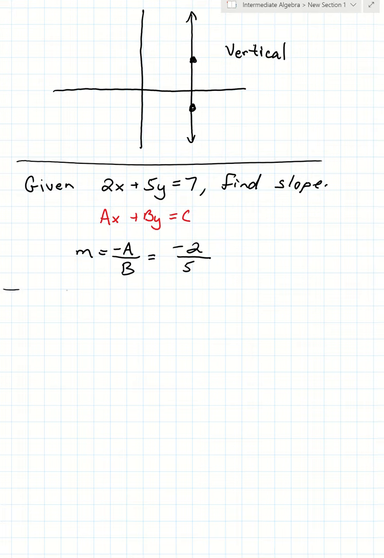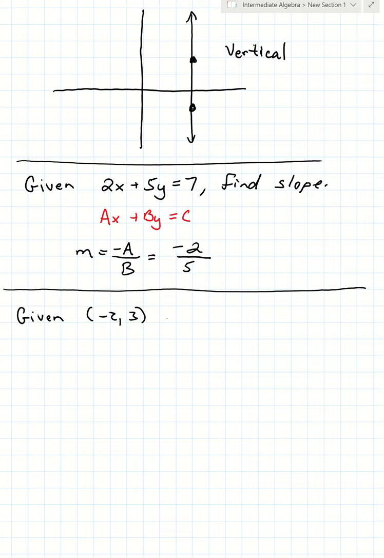Now, let's say you were given an ordered pair of maybe negative 2, 3, and let's say you are also given a slope of maybe negative 1/2. We want to graph this. We can do that.